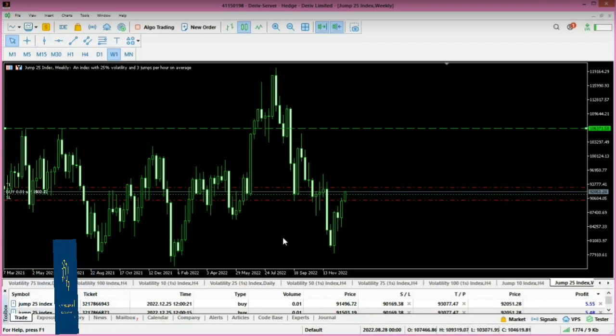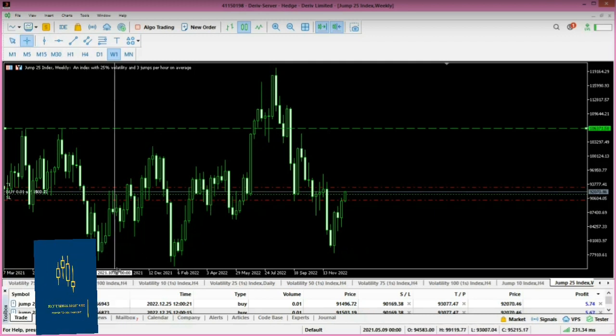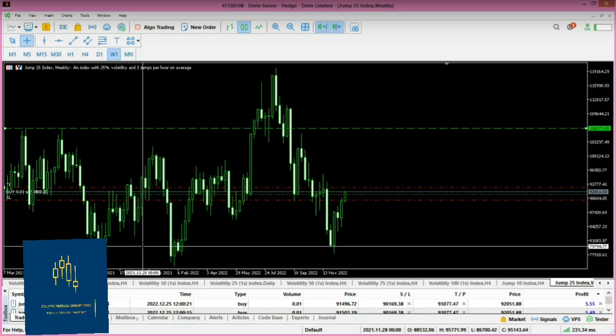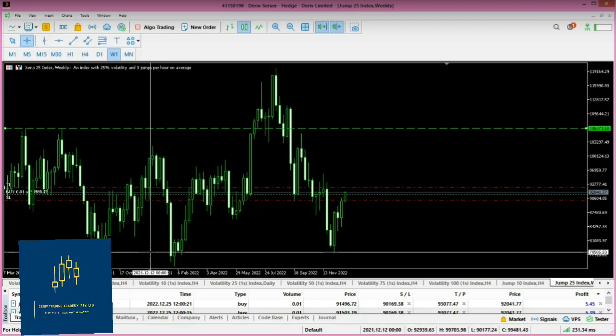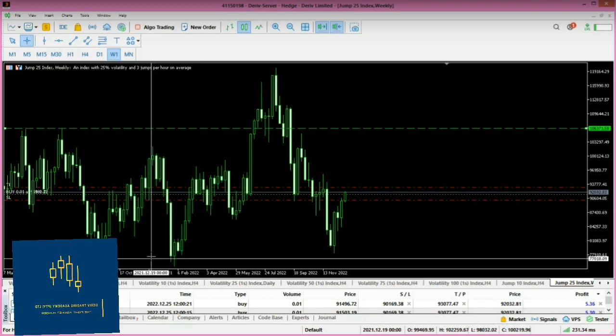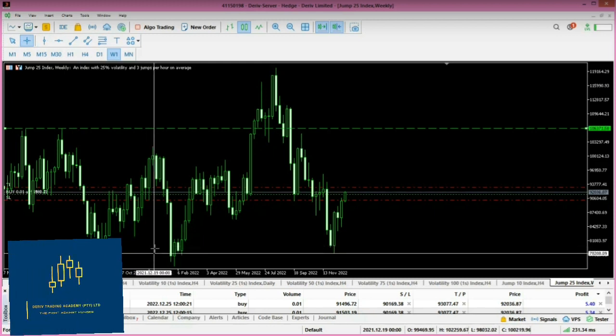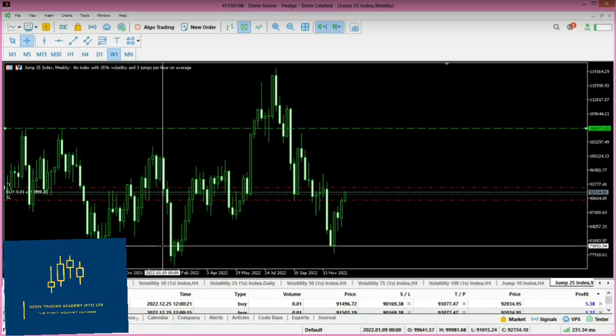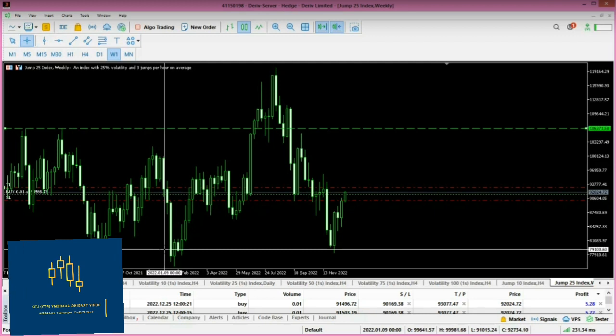The reason it is on my watch list is because, if you look at this level there, this one is actually our support level, meaning it's our buy area, buy zone. Whenever it reaches this level, you need to consider buying. You cannot consider selling when the market is around there.